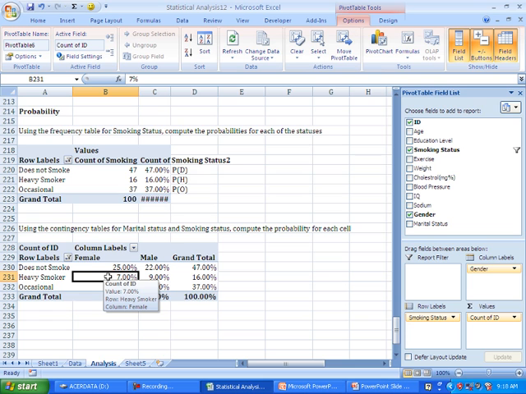Or, generalizing that statement, 7% of the total population are heavy smoking females. 9% of the total population are heavy smoking males. Or 25% of the total population are females who do not smoke. That kind of categorization you can do.